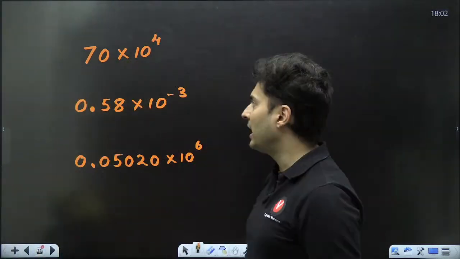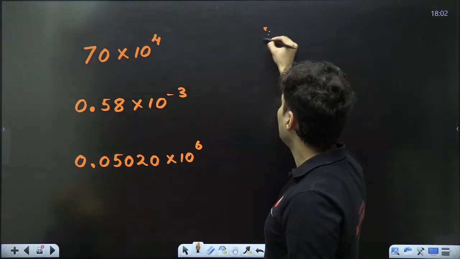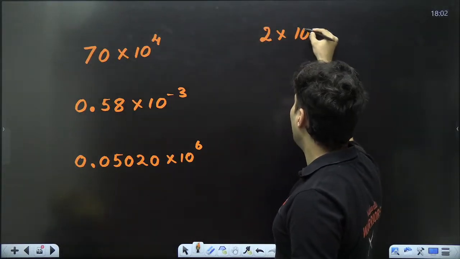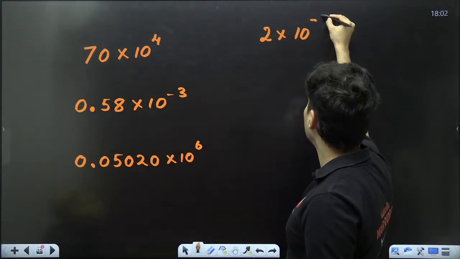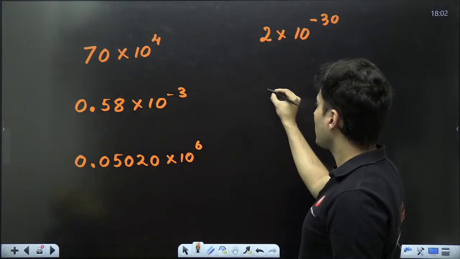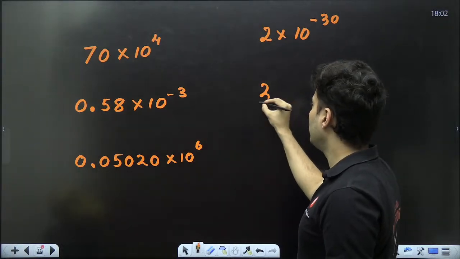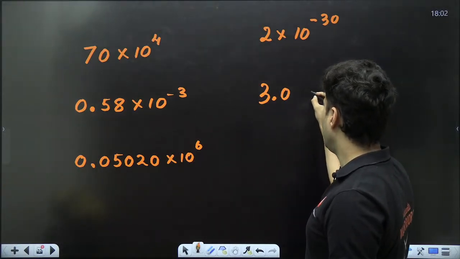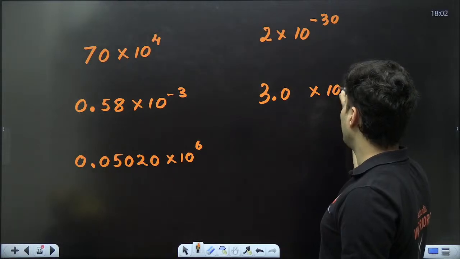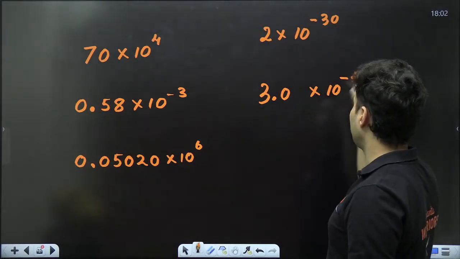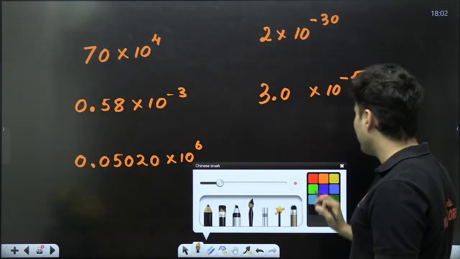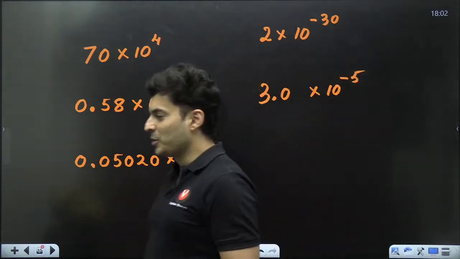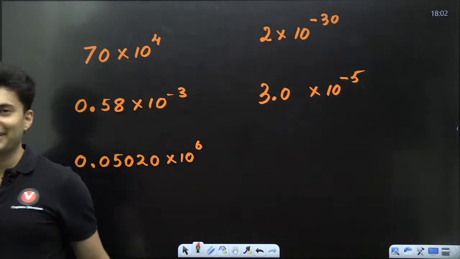Just taking some random examples, or 2 into 10 to the power minus 20 or minus 30 or something like that. Then we can also have 3.0 into 10 to the power minus 5. So powers of 10. What to do when powers of 10 are there?